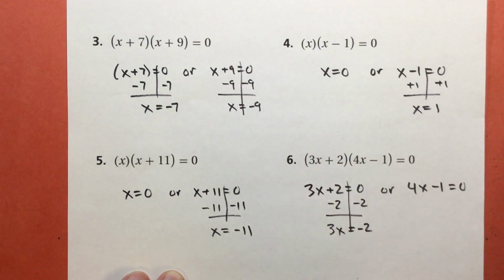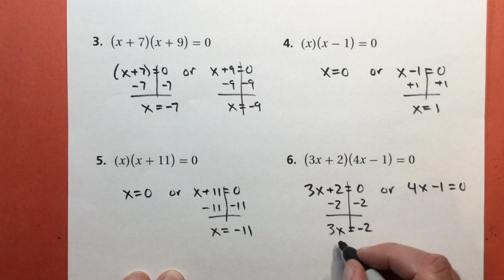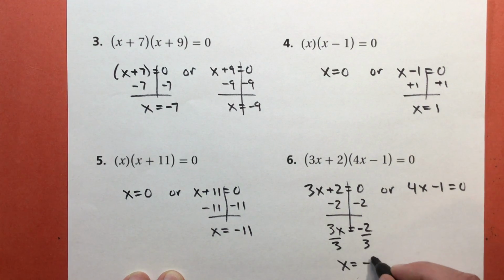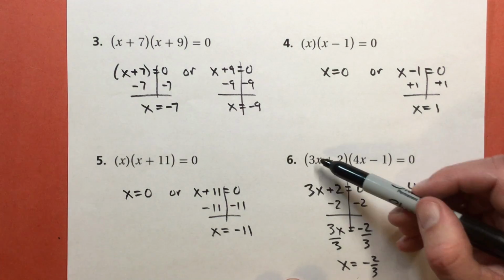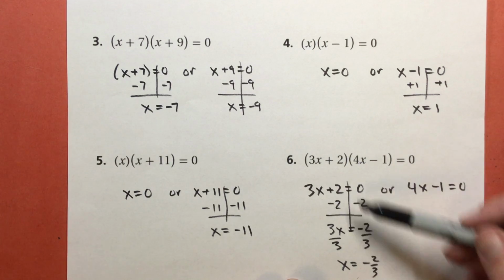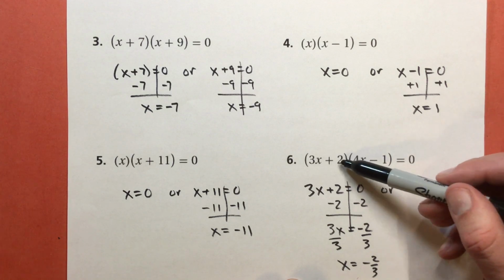And that's where I stopped with all the other ones, because I didn't have anything multiplied by the x except for the hidden 1. But now I have to divide. Divide both sides by 3, and I get x equals negative 2/3. And if I put this here, 3 times negative 2/3, a positive times a negative is a negative, and the 3's are going to reduce, so I get negative 2. Negative 2 plus 2 equals 0.